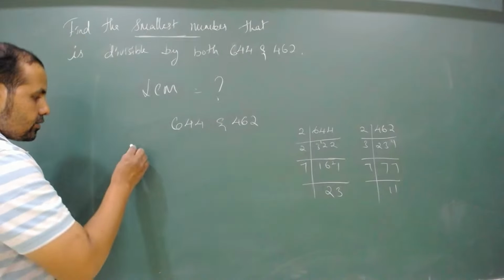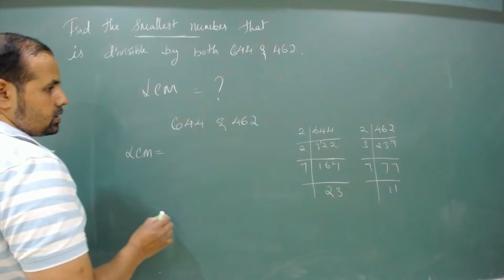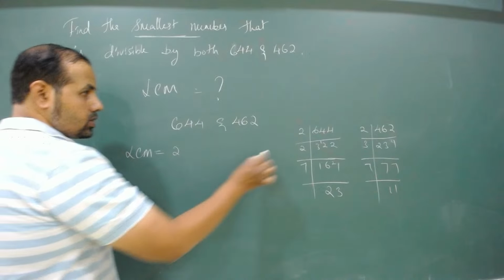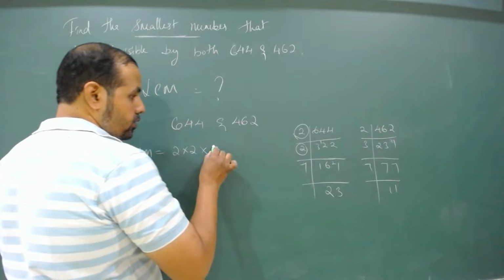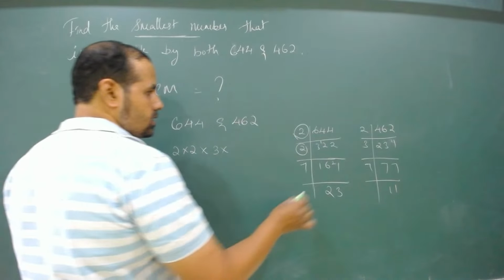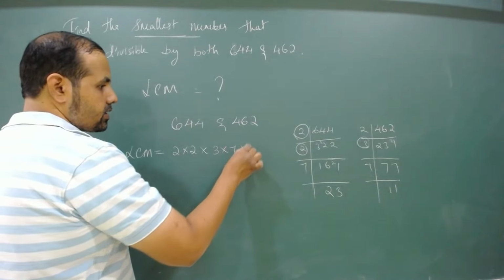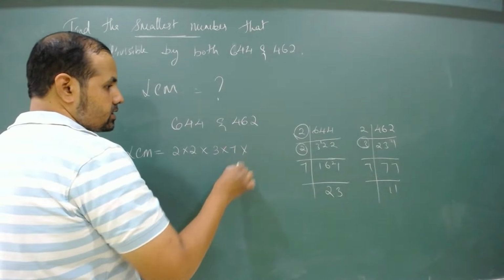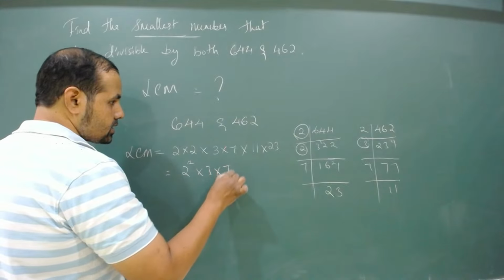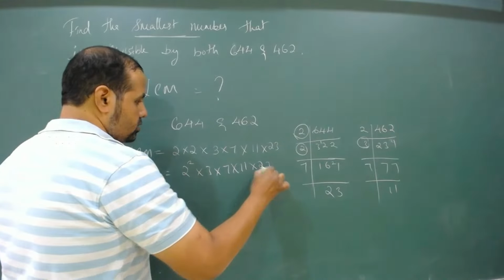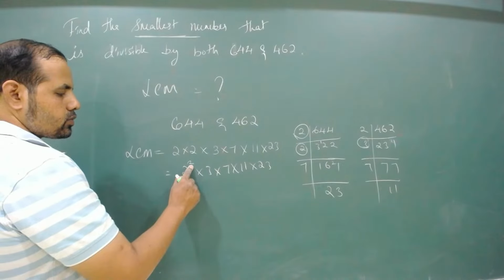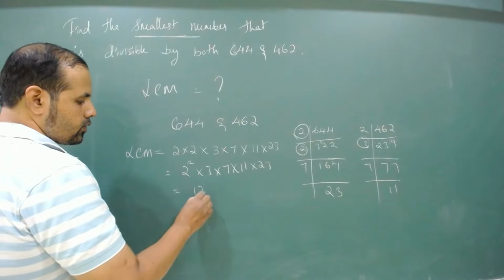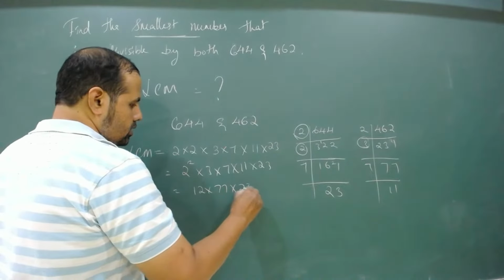Therefore, LCM would be 2 square, then highest power of 3 is 3, then 7, then 11. So 2 square into 3 into 7 into 11 into 23. 2 square is 4, 4 3s are 12, 12 into 77 into 23.